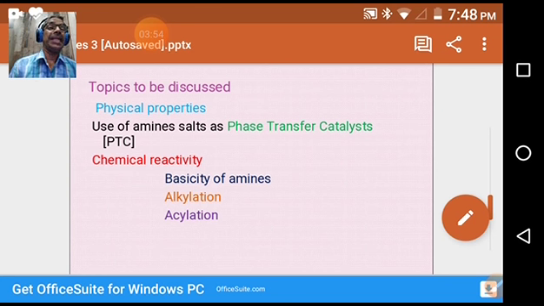Very important, PTC. Then followed by chemical reactivity, we have different chemical methods. In this session, we discuss only basicity of amines, alkylation and acylation. So these are the topics we are going to cover.